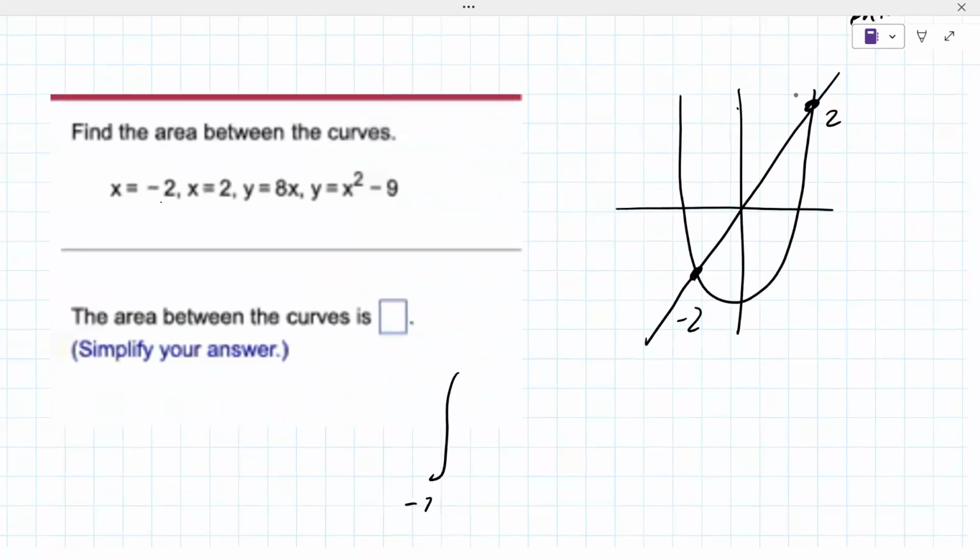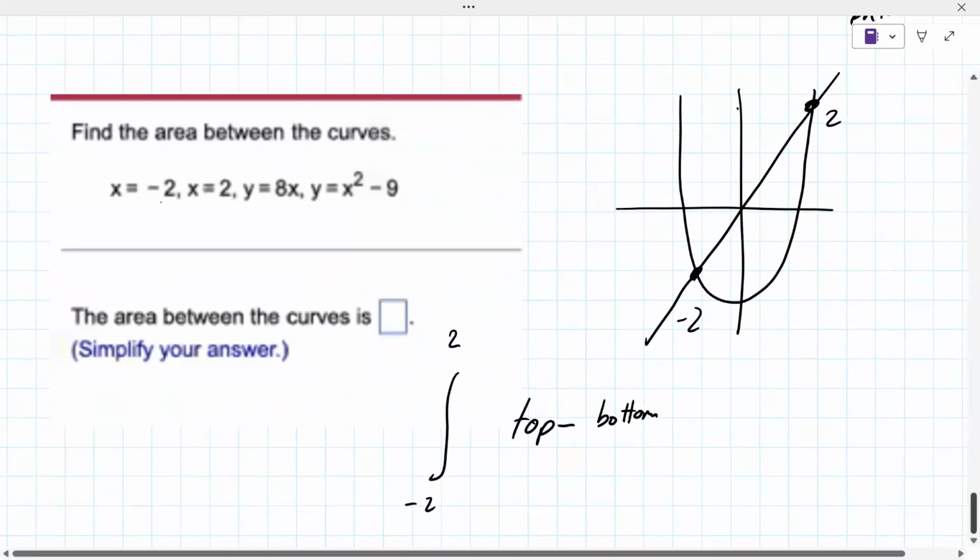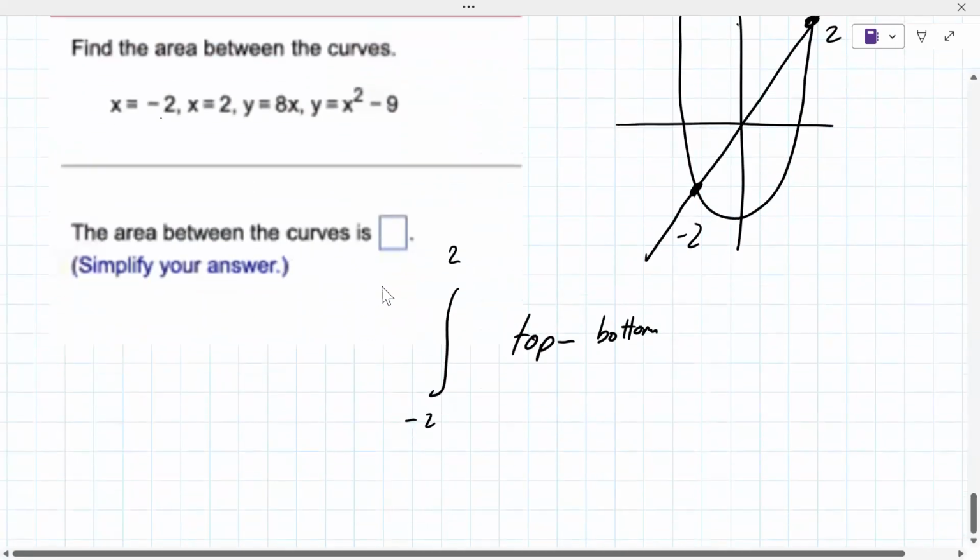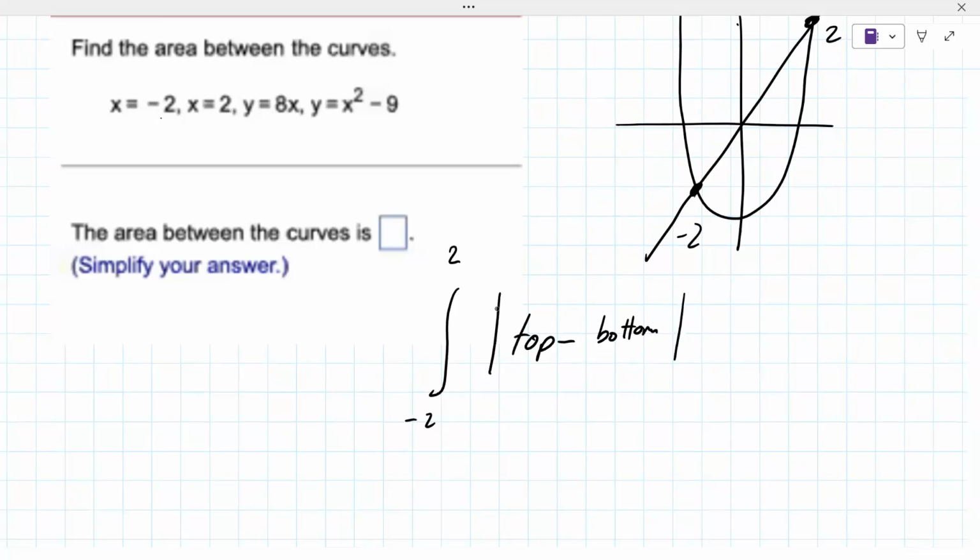So those are the bounds of your integral: -2 to 2. Now you're supposed to do top minus bottom. Sometimes you don't know or you're not sure, so you can always use absolute value. If you don't do the right top and the right bottom, you're going to have an issue, but if you do absolute value, then it doesn't matter.